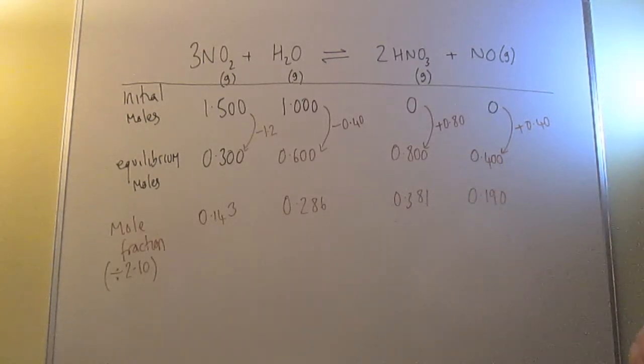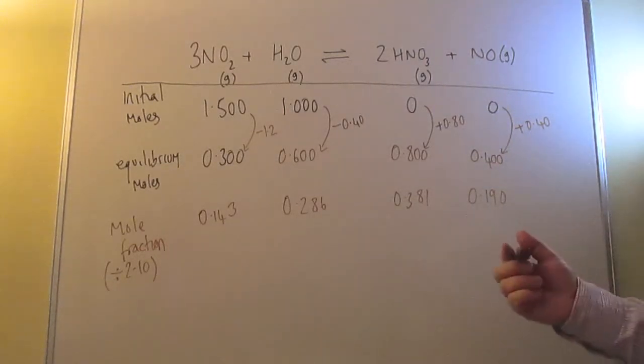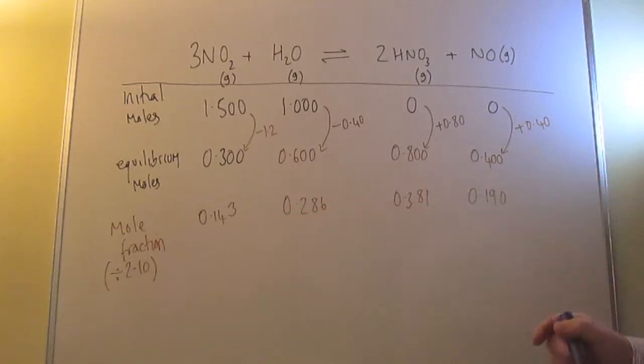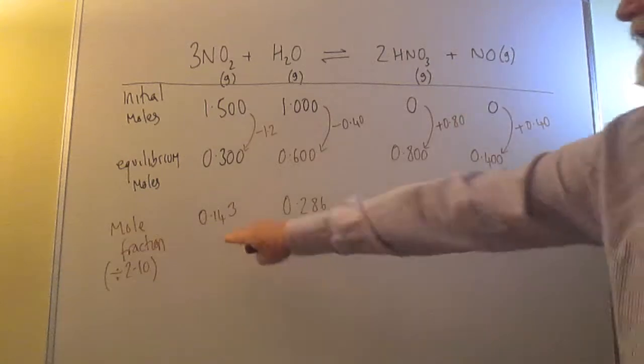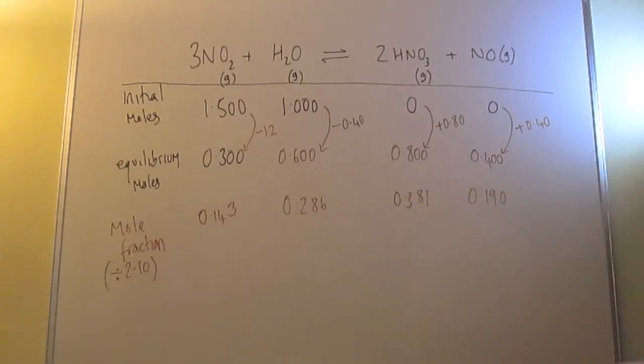And you can do a quick check, which may be worth doing if you tend to make mistakes with numbers, because those should add up to 1. Because obviously if we're dividing the total number of moles into fractions, the sum of those fractions should add up to 1. And you can see just by looking roughly at what those are going to add up to that looks right. So that may be a check that's worth doing.